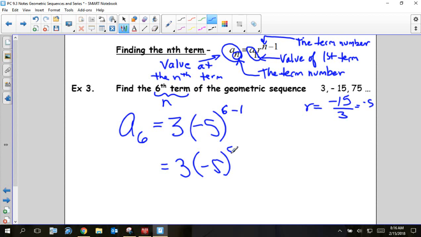I would like everybody to follow the calculator part together. So we're doing 3 multiplied by negative 5 to the 5th. Negative 3,125 multiplied by 3?